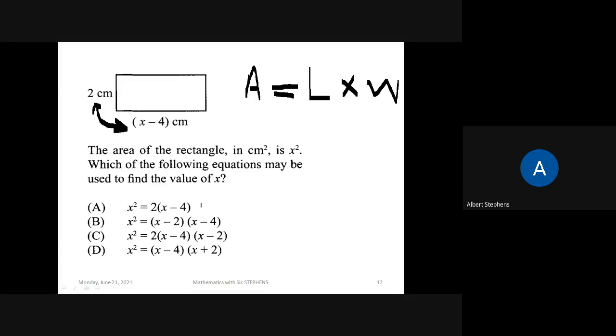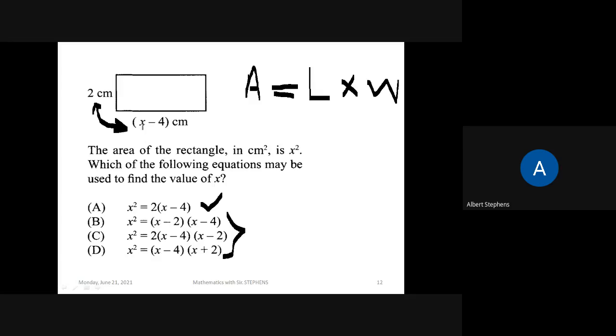We just multiply 2 times x minus 4, and that's it. It's length times width. I don't know how they came up with those other answers, but they are totally out. As easy as that.